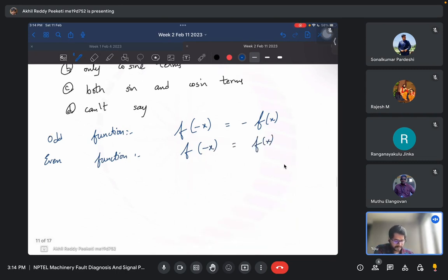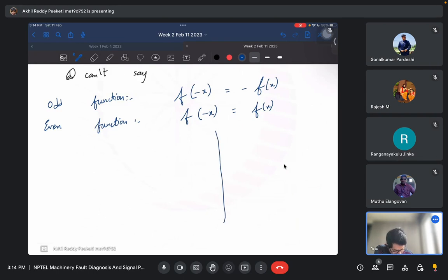Okay. So for example, let's look at f of x is equal to x square. Okay. So when x is 0, f of x is also 0. When x is 1, f of x is 1.